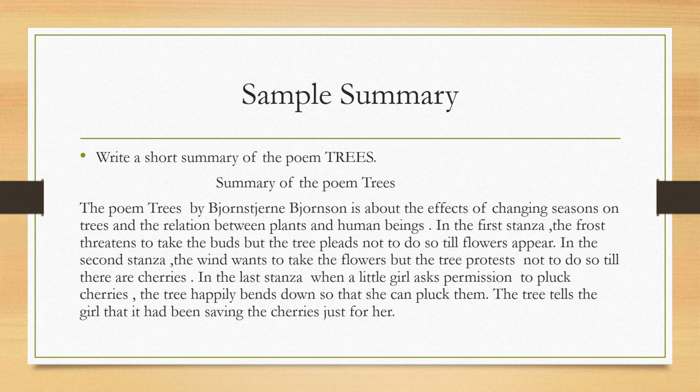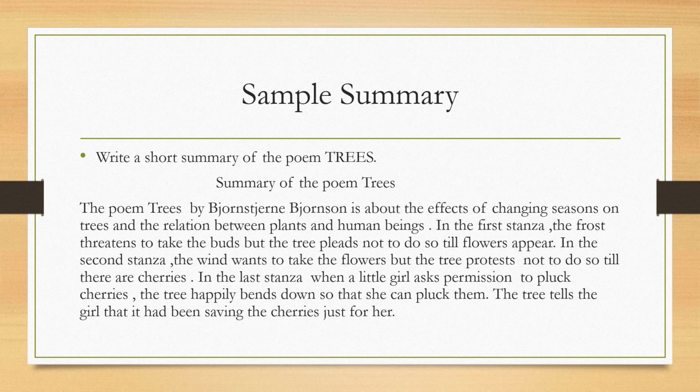Now, some children will ask me that when we did this, an incomplete summary of the poem was given and we had to complete it, and the summary was much longer. Yes, it was longer because they had given you a help box and you had to take words from the help box and fill in the blanks.